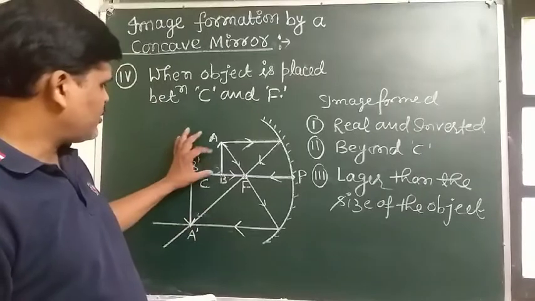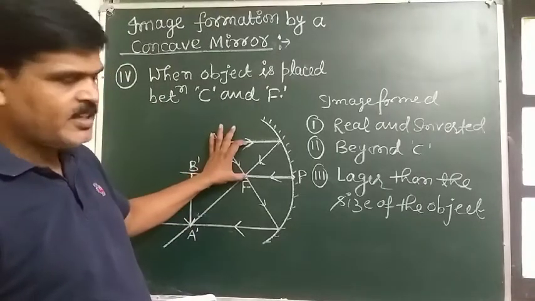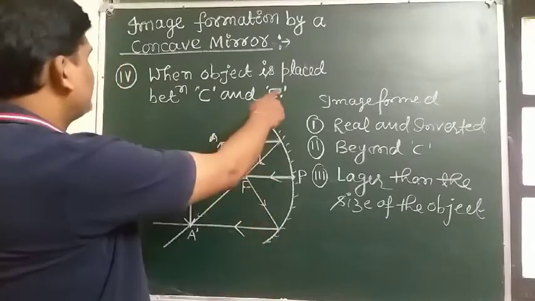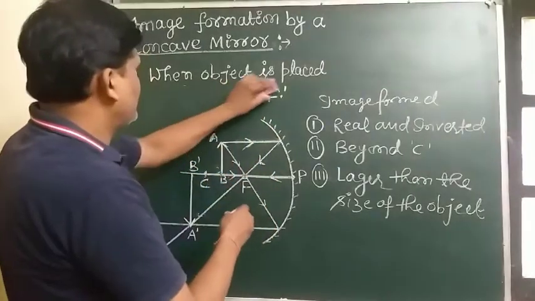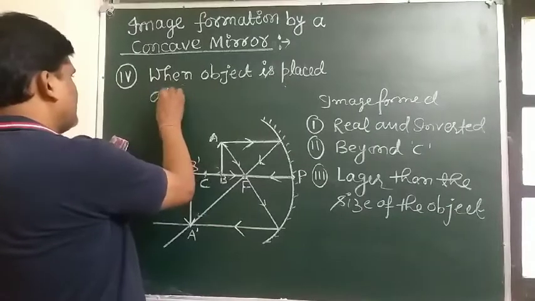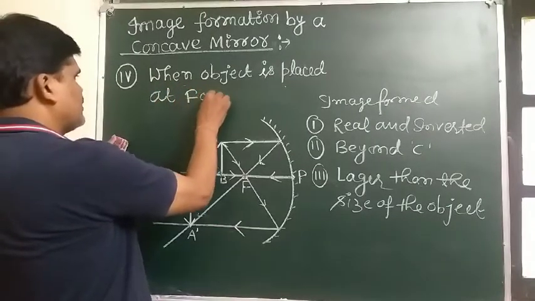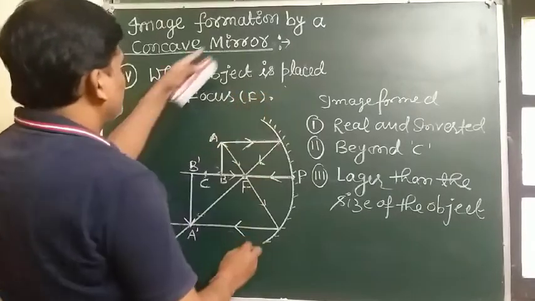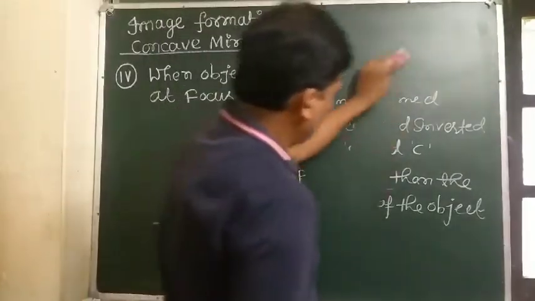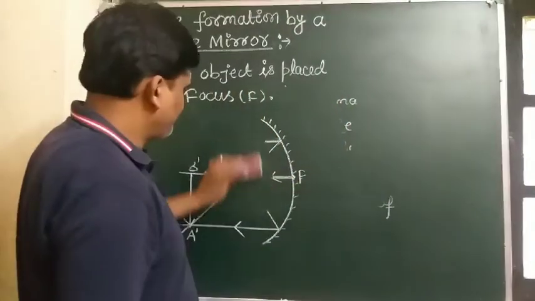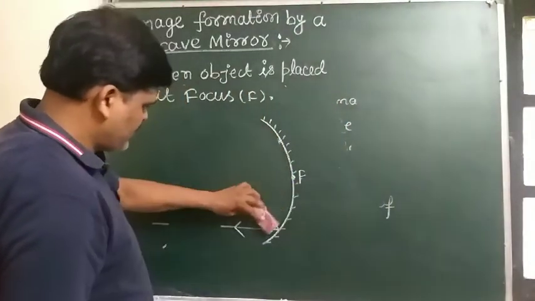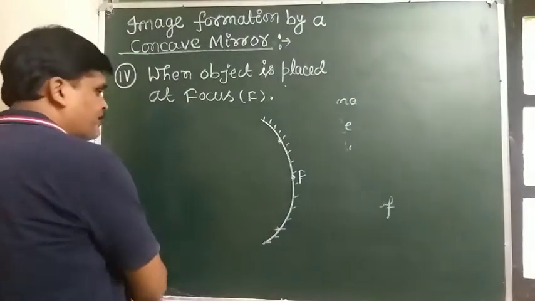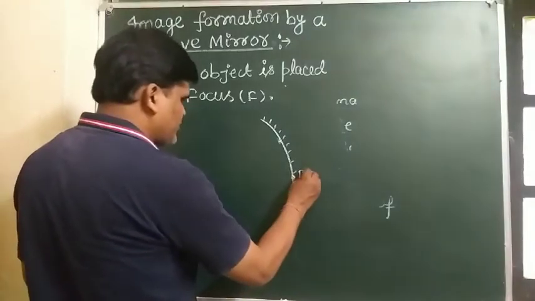Next position: now the object shifts to here, which means the object is placed at the focus of a concave mirror. The same process is repeated, only the position of the object changes.